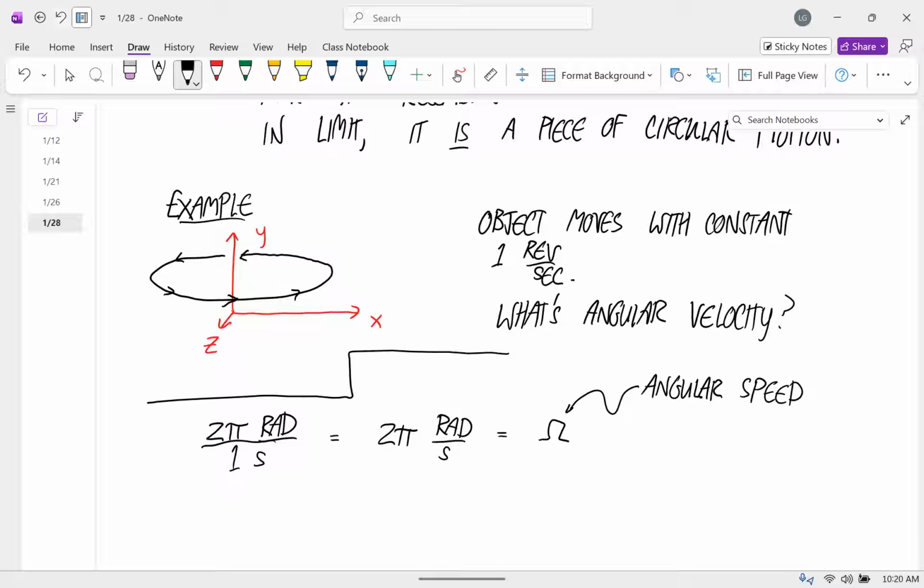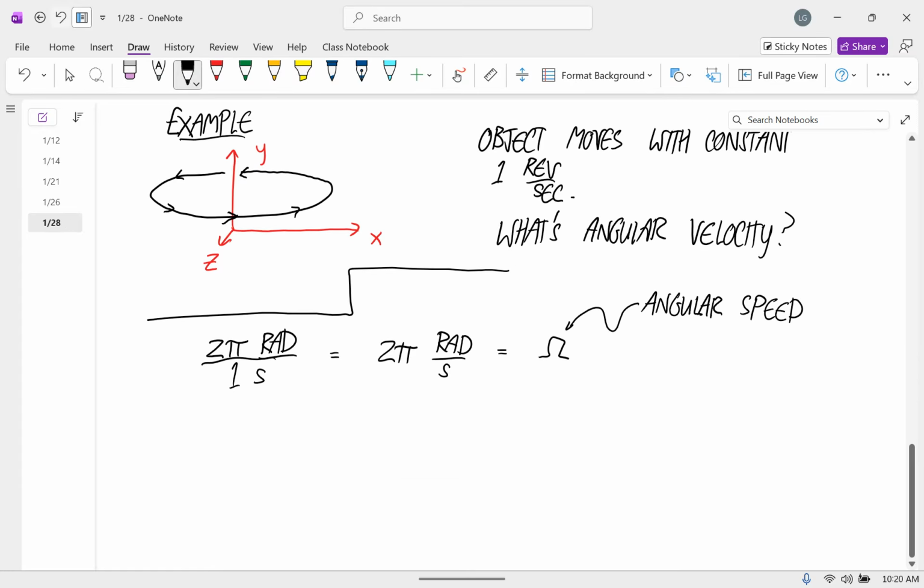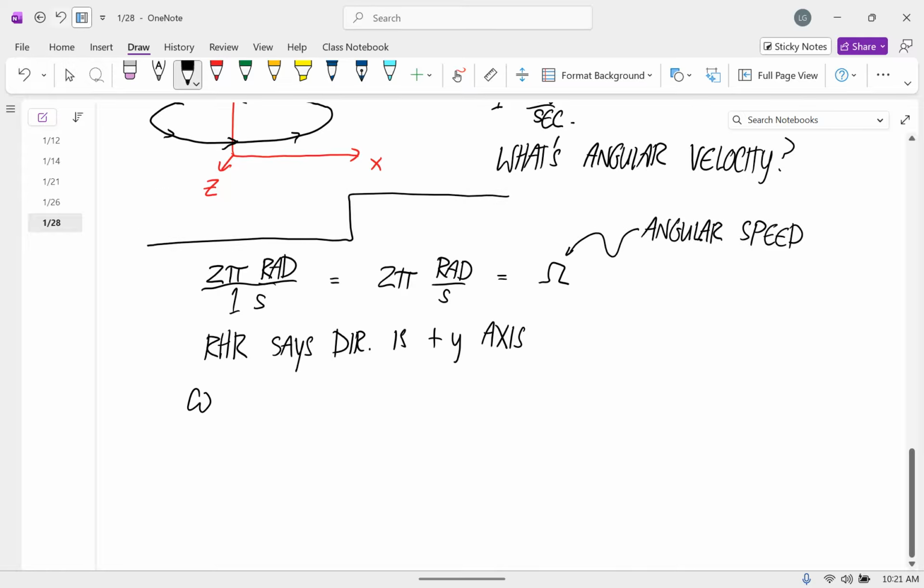You can see that your thumb is pointing in the positive y direction. So the right-hand rule says the direction is the positive y axis. So the omega vector, the angular velocity vector, is 0, 2 pi, 0 radians per second.